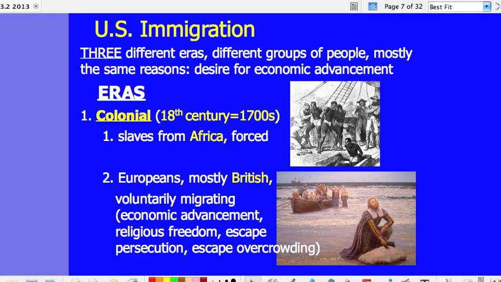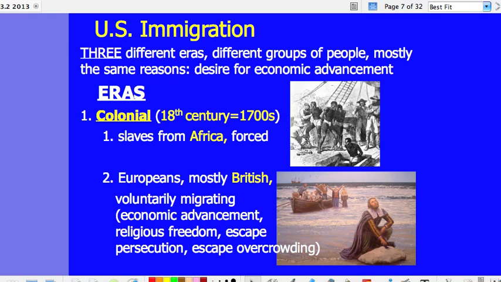Another group of people that came to the United States during this colonial era were Europeans, mostly British. This was during their Industrial Revolution, and so people were voluntarily migrating to the United States looking for jobs. It was very crowded, and there was competition because of the growth in population due to the Industrial Revolution. So they were leaving to look for jobs.